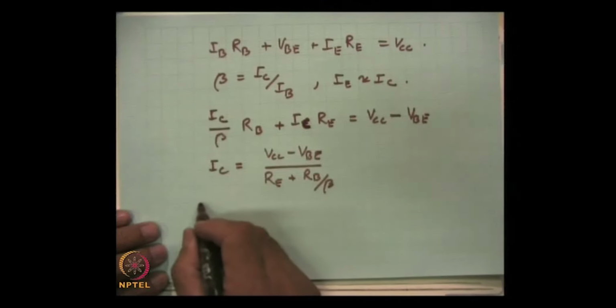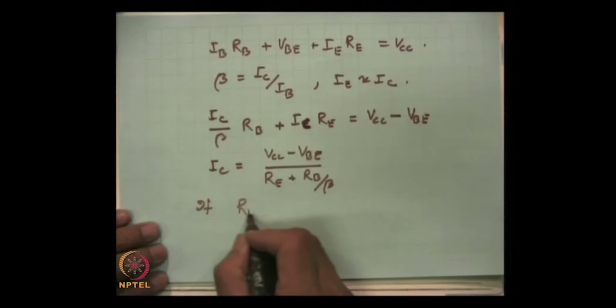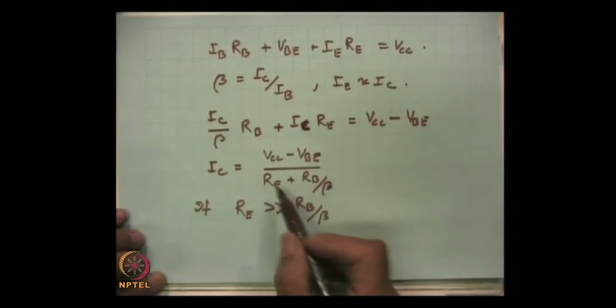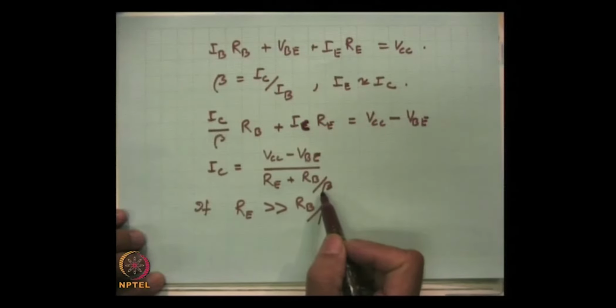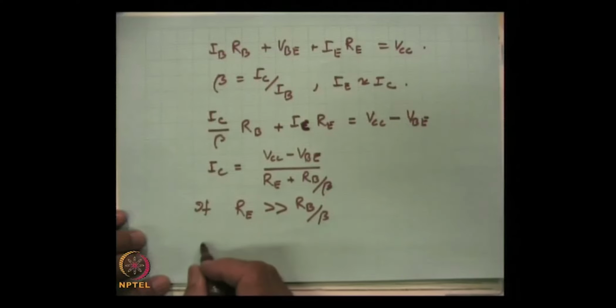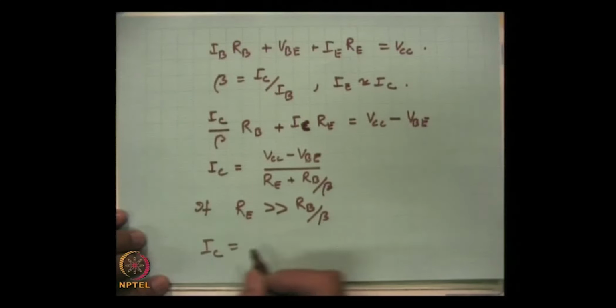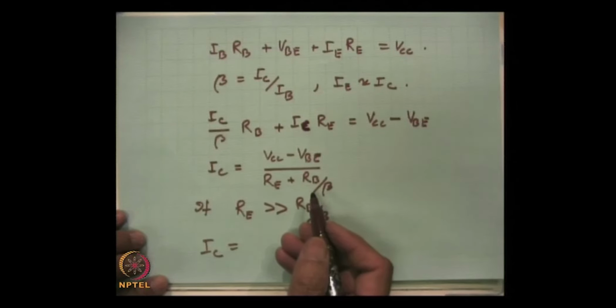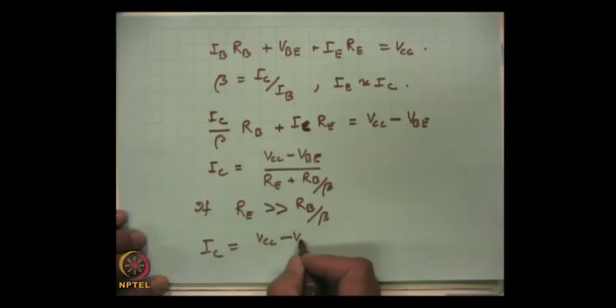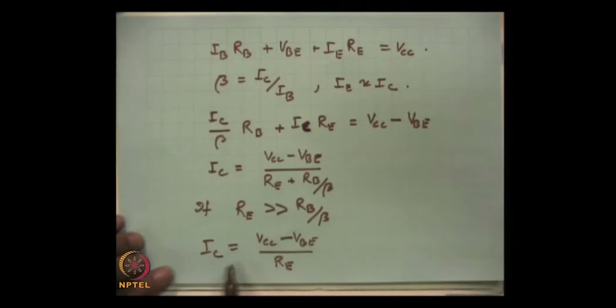Now, if we design a circuit where RE is much greater than RB by beta, then this term becomes of much smaller magnitude compared to RE. So, our expression for the collector current becomes independent of variations in beta, and this is VCC minus VBE by RE.